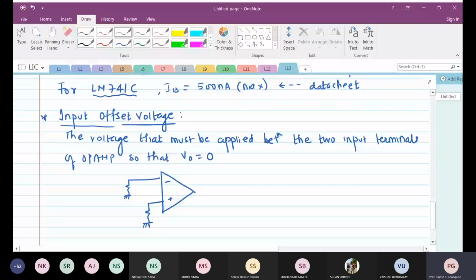Simply means that even if I don't apply any voltage, remember there will be some IB1 here, there will be some IB2 here, and when both the inputs are 0, that is V1 equal to V2 equal to 0, we were expecting V out to be equal to 0. But because of this imbalance, you will have a non-zero output voltage.